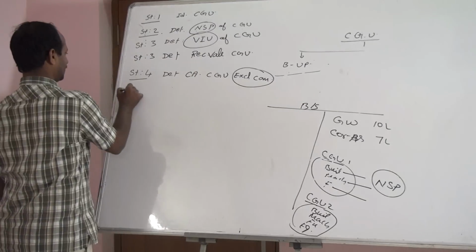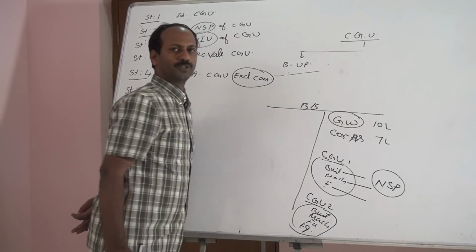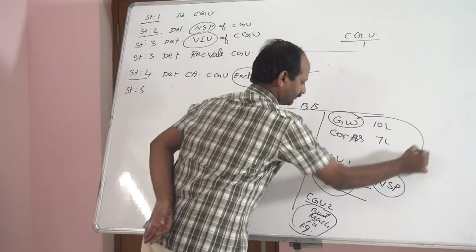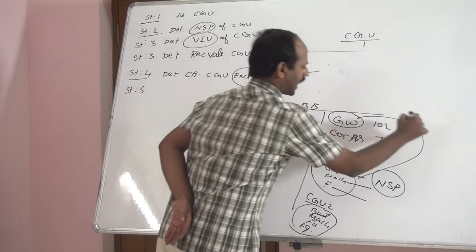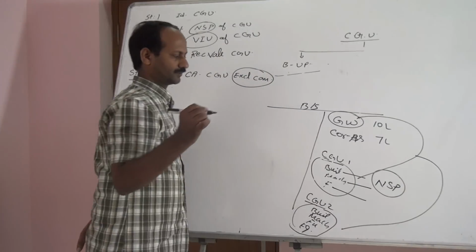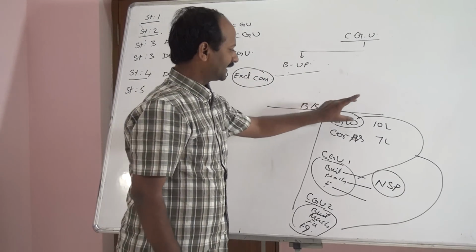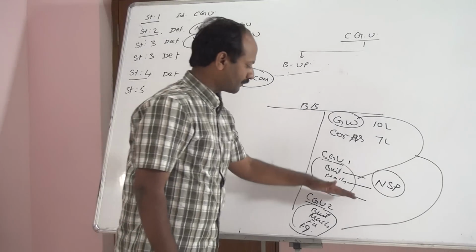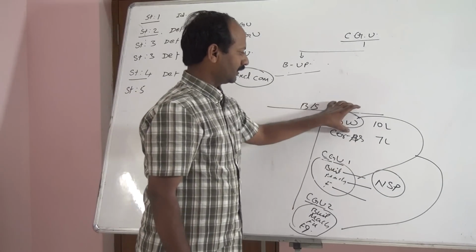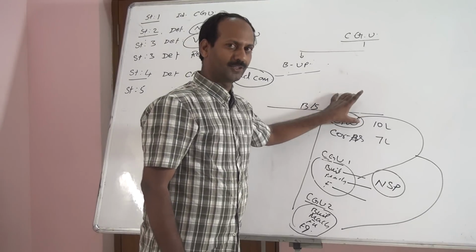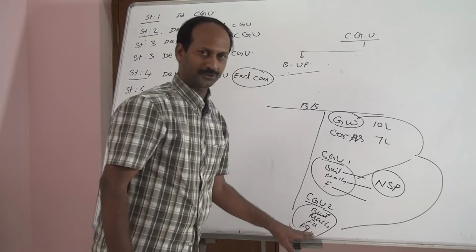Next step, step 5. Allocate the common goodwill between this CGU and other CGUs. This goodwill is possible to allocate between or among various CGUs. This goodwill carrying amount or book value shall be allocated to all CGUs.